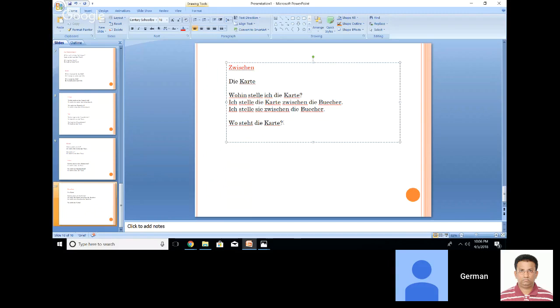Now: Die Karte steht zwischen die Bücher. Is it correct?